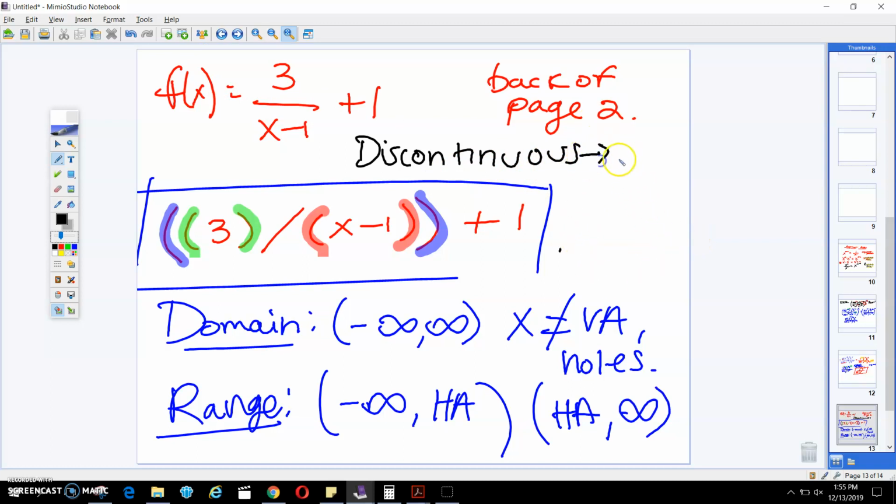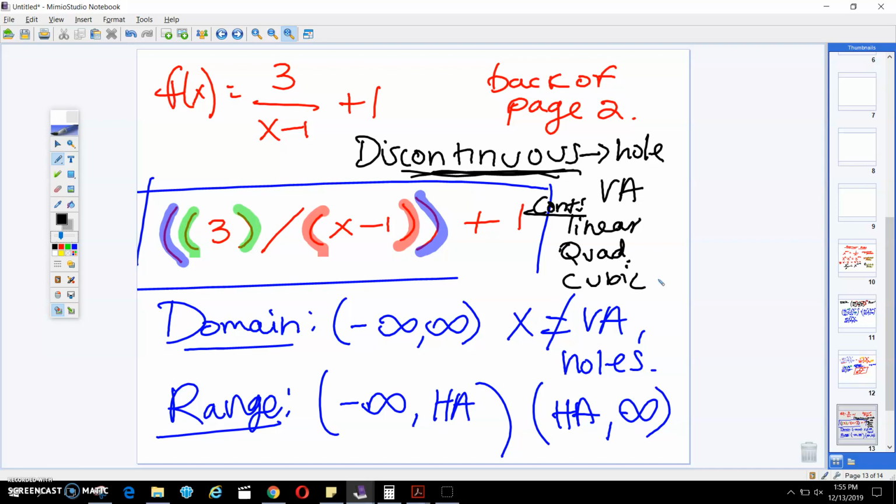Or this means that you have a hole or a vertical asymptote. That's what discontinuous is. If you don't have those, then it's a continuous function. Continuous functions are like linear functions, quadratic functions, cubic functions. It's all the stuff that we've already been studying. Rational functions is where we start getting discontinuous. Okay? We're going to see that more with our radicals when we come back next semester.